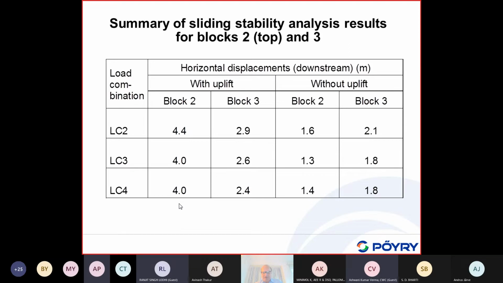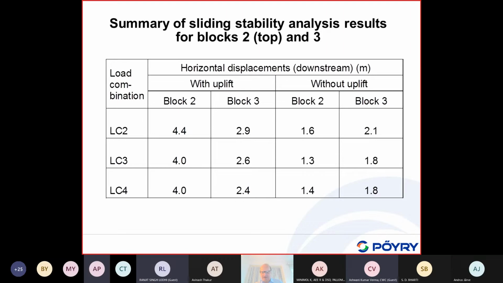So the uplift, as you can see here, plays a very important role. It can increase or reduce the sliding stability a lot. And if we reduce the sliding stability, it means the inelastic deformations, sliding deformations, will increase.